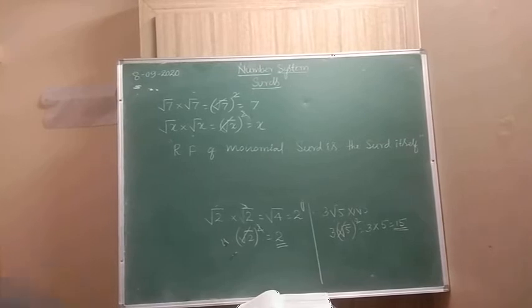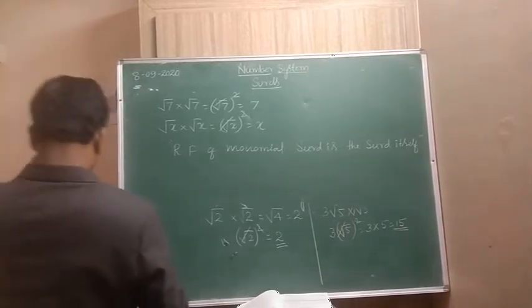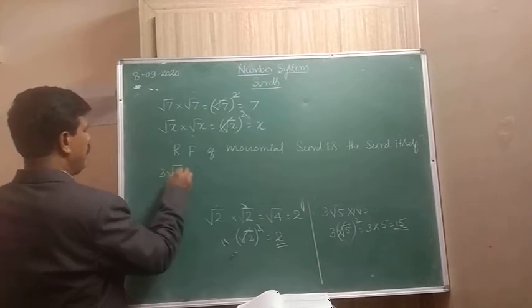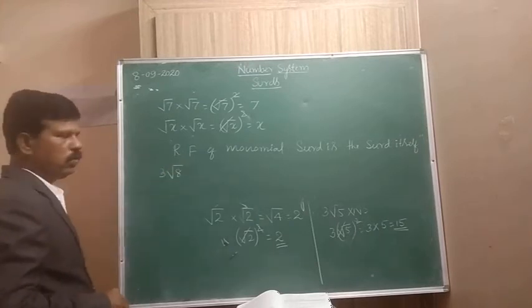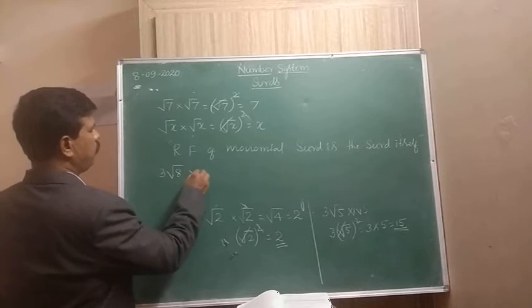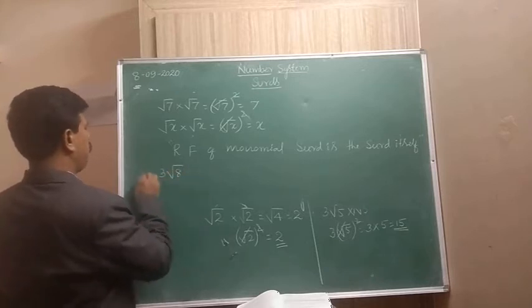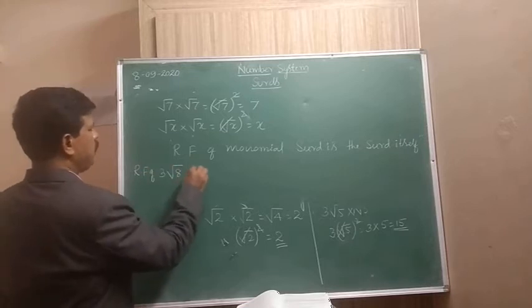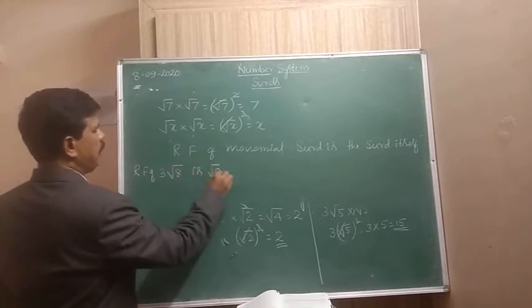Now, let us write some more examples. 3 root 8. The RF of 3 root 8 is root 8.